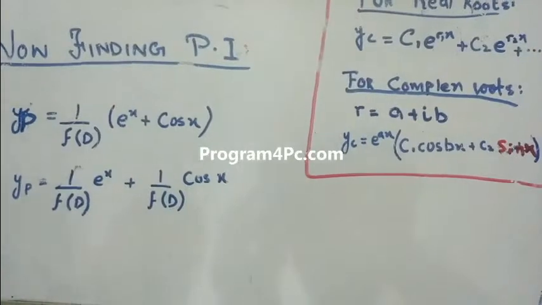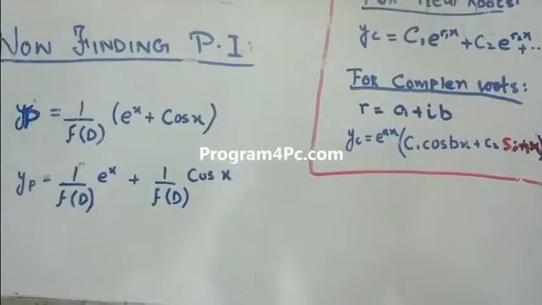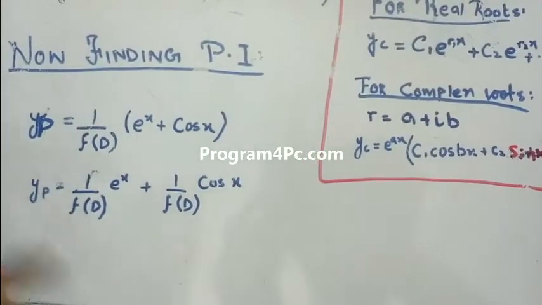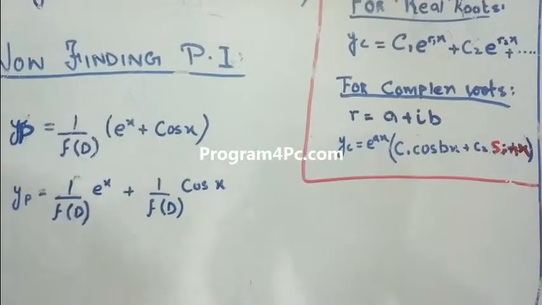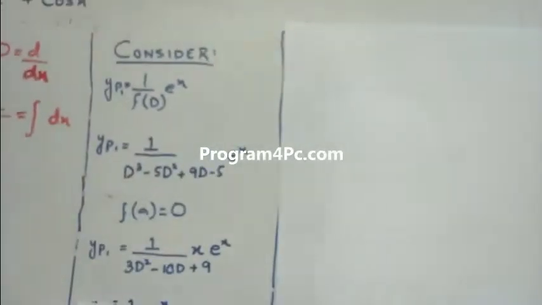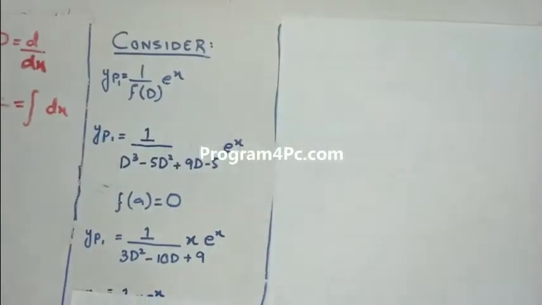There are two terms, so we distribute it as 1 upon f(D) e power x plus 1 upon f(D) cos x. There are two methods of finding this. Let's consider 1 upon f(D) e power x as y sub p1.